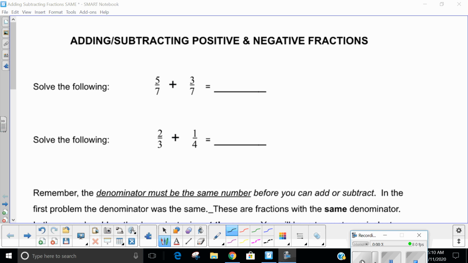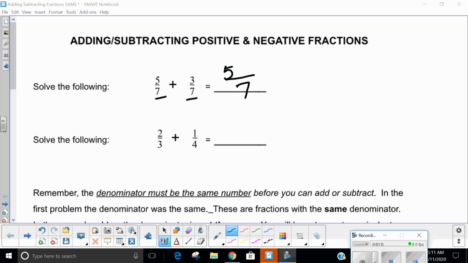So let's look at the first problem here where it says 5/7 plus 3/7. How would you go about solving that? Well, we notice that the denominators are the same, so that makes it easy. All we have to do is keep the denominator the same, and we add the numerators together.